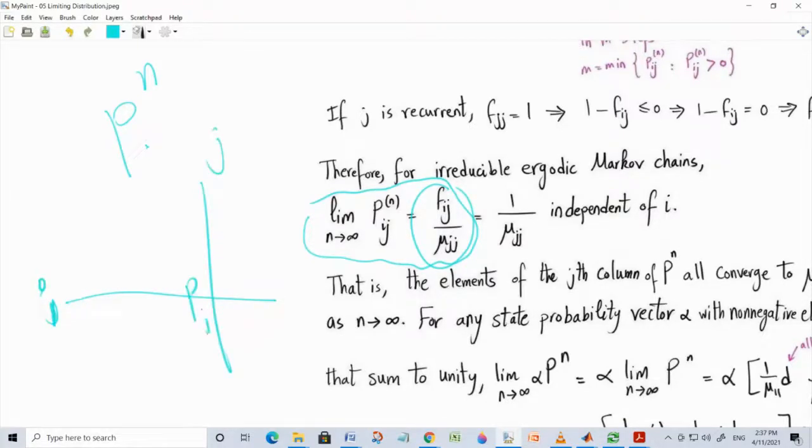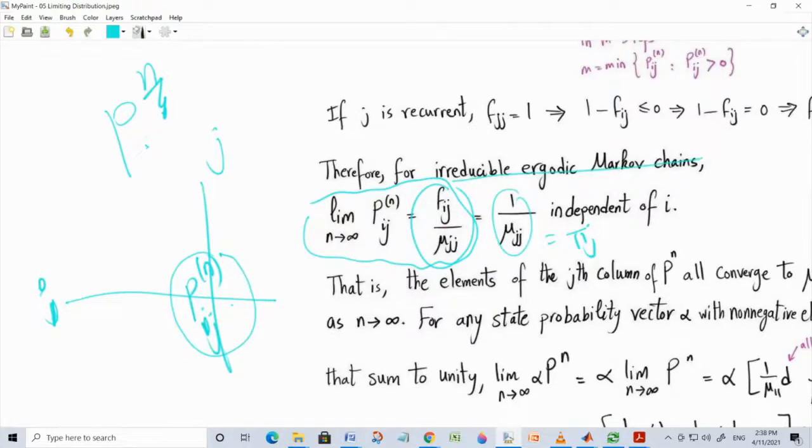Now we are saying that as n gets larger and larger, this will converge to a number that is the reciprocal of the mean recurrence time, which is pi j now. We know that this is pi j. And this is true regardless of i.